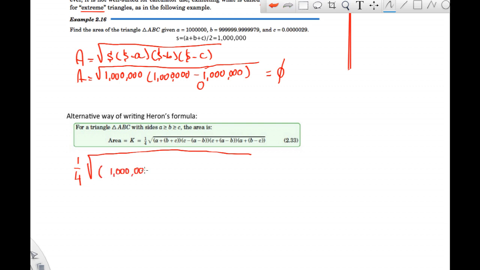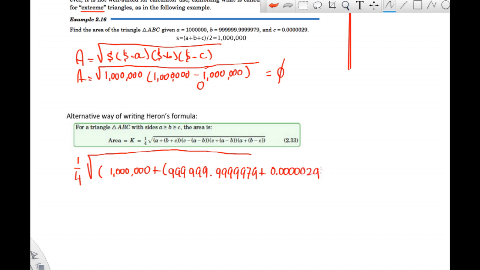So it should be 1,000,000 plus B, which is 1,000,000 with its decimals, plus C, and C is that tiny value. Well, I said I was going to write it out.